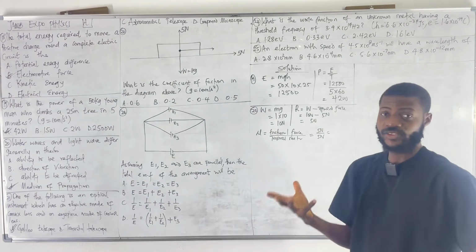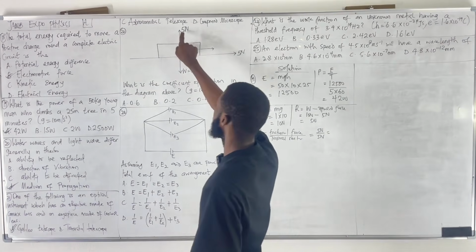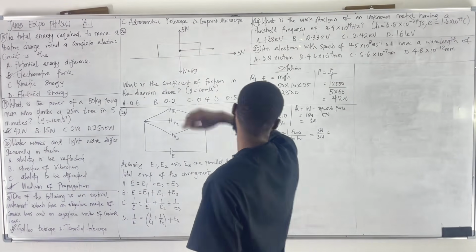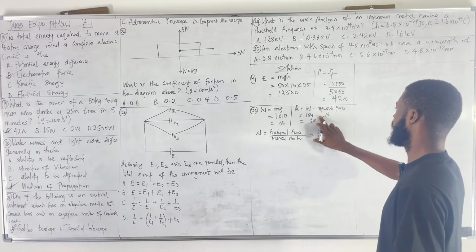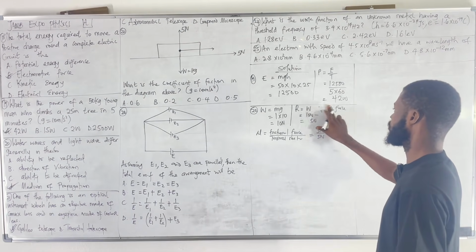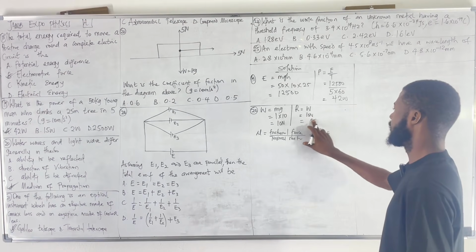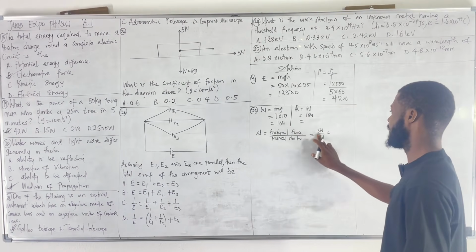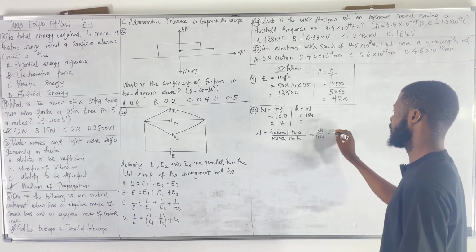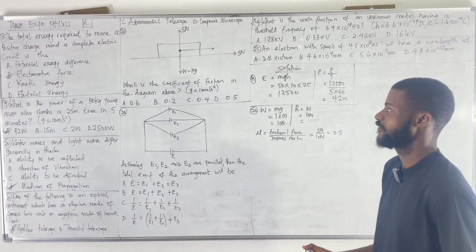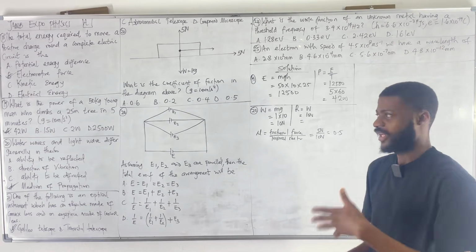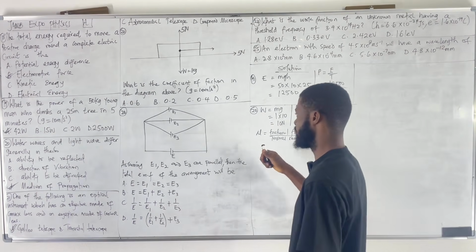So the only assumption here is that they didn't use the upward pulling force. So this part was just taken away, and then the normal reaction was left as 10. So when you leave that as 10, this will become 0.5. That's the only explanation for this. However, if you think something else, you can let me know in the comment section.